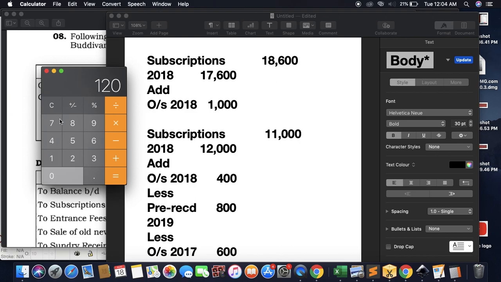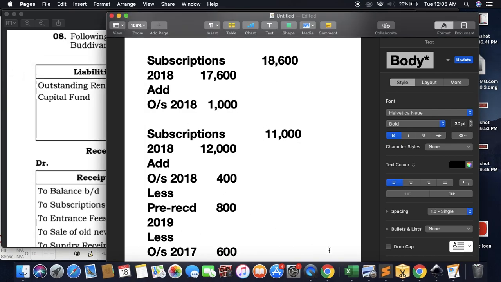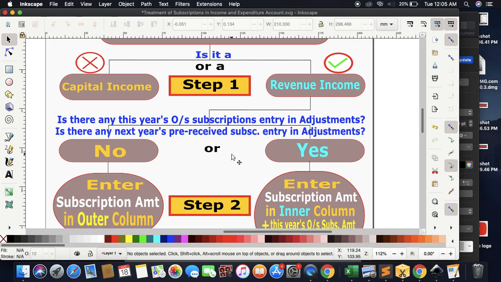We don't want to make a mistake. 12,000 plus 400 minus 800 minus 600, that's 11,000. So this is what is given in this place.